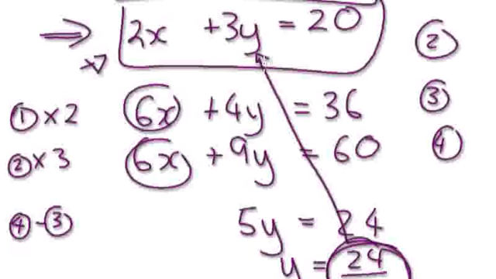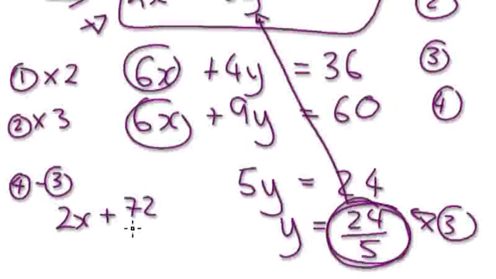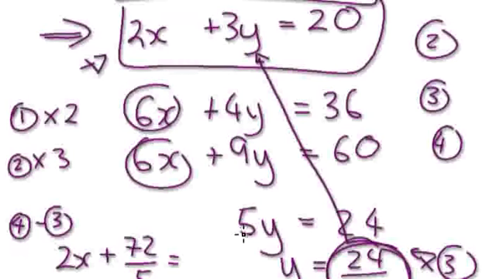So we're going to have 2x plus 3 times this here. We're going to multiply it to the top here. So this would be 72 over 5 equals 20.